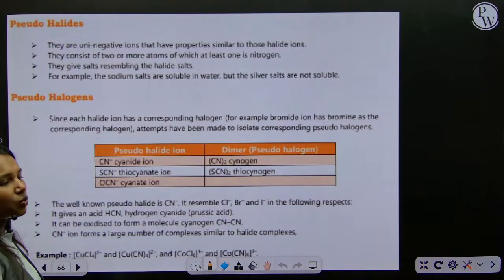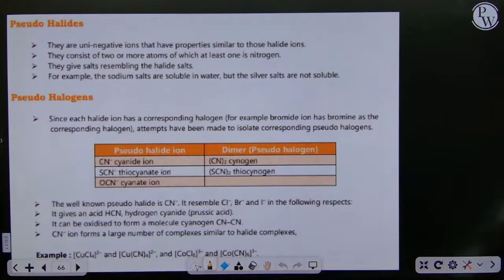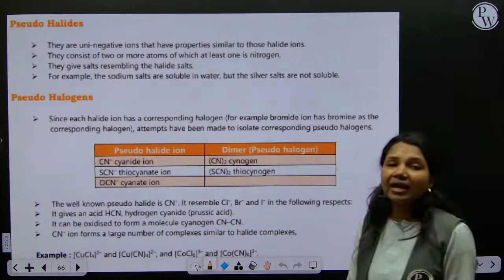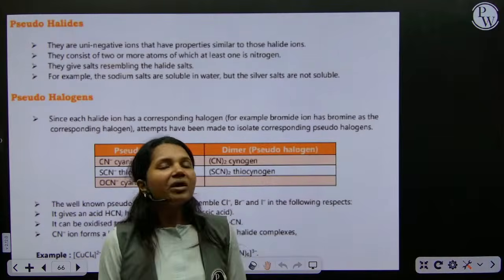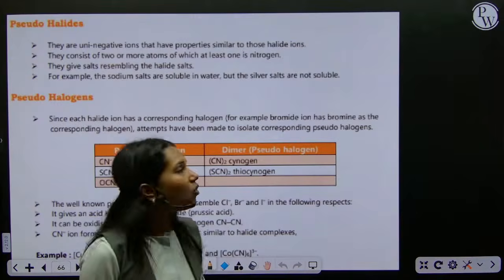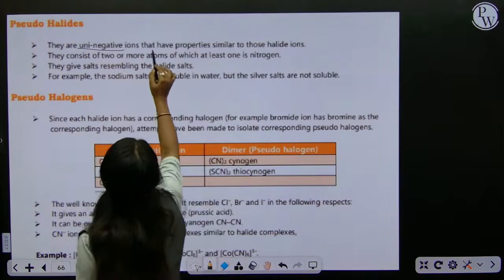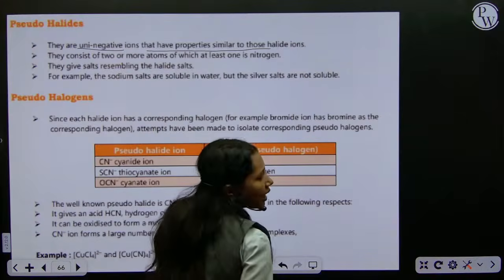Pseudohalides. What are pseudohalides? Pseudohalides are not actually halogens, but they behave as halogens. They will form a single bond like that. They are uninegative and have properties similar to halide ions.